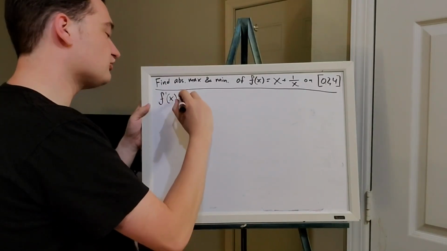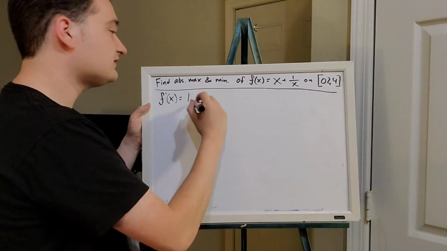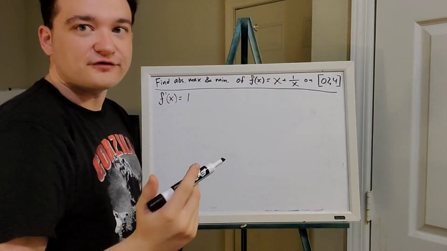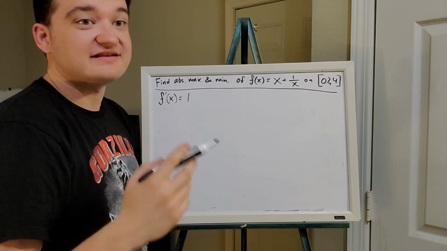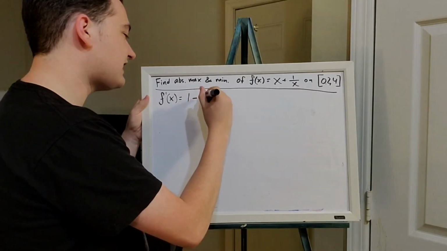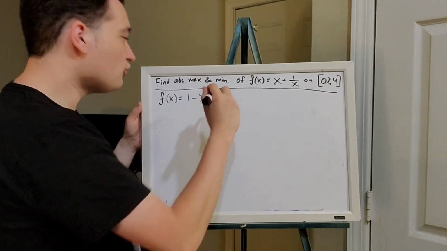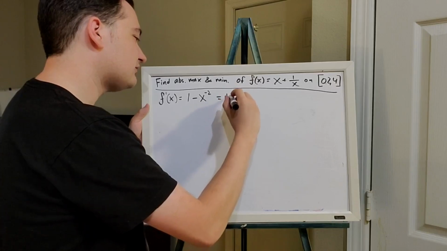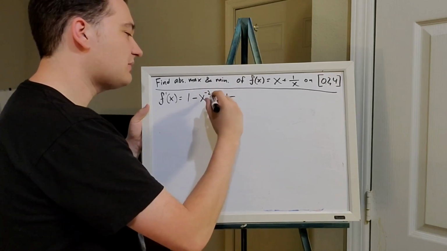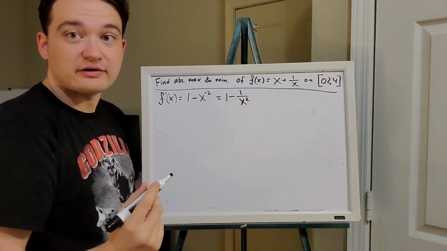This one's not going to be too bad. Derivative of x is 1. Derivative of 1 over x, or we can also think of it as x to the negative 1 power, is negative x to the negative second, or alternatively, we can write this as 1 minus 1 over x squared.